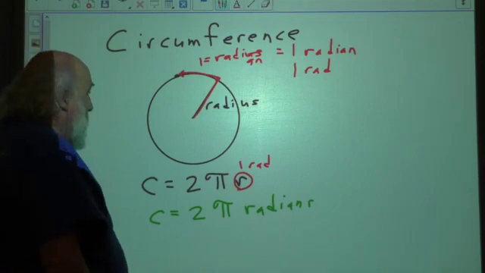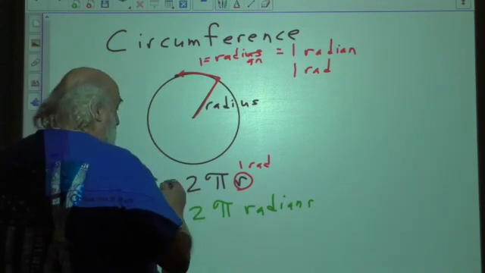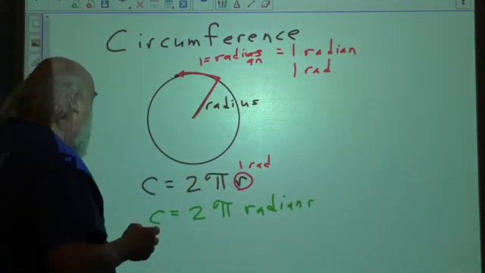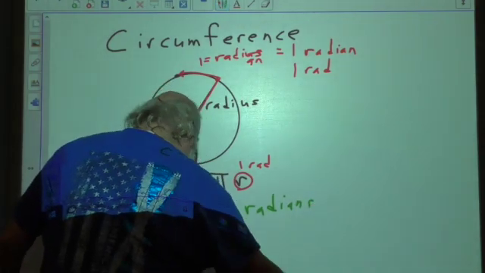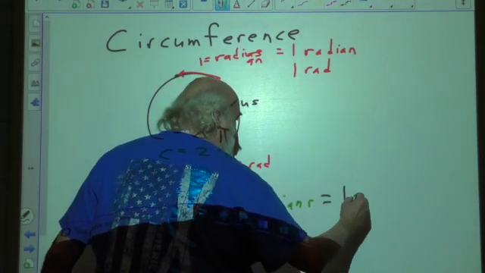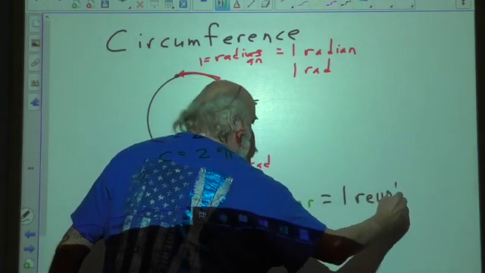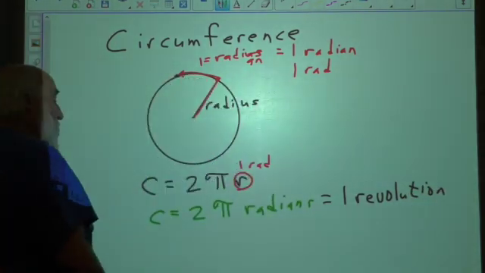So if we were to consider that, we would consider this equal to 1 revolution. So 1 revolution equals 2 pi radians.